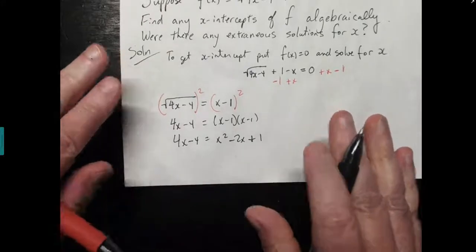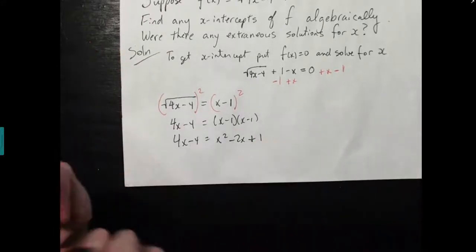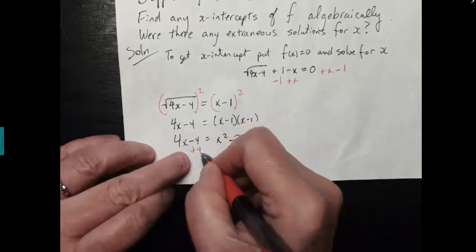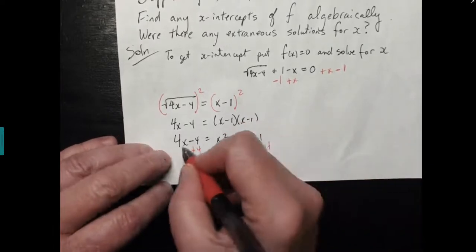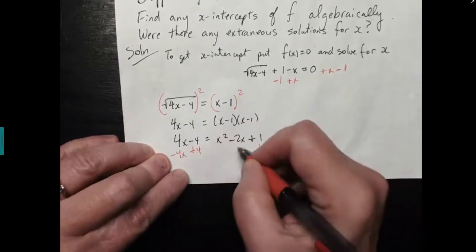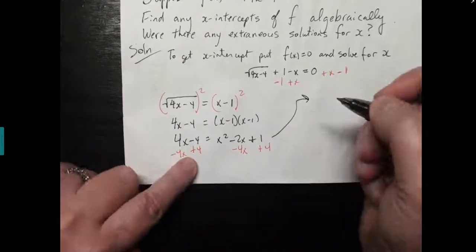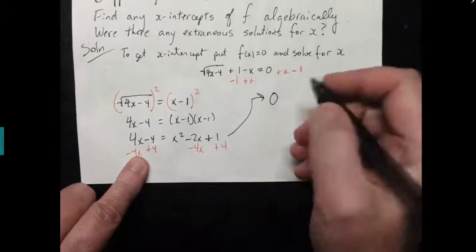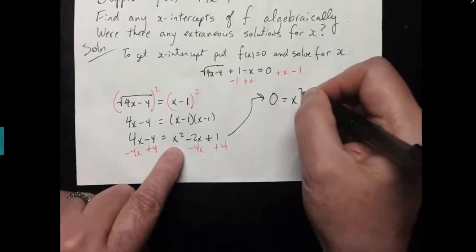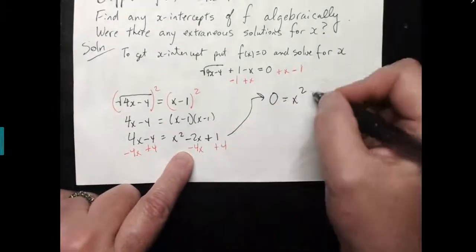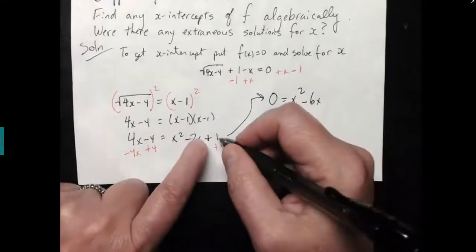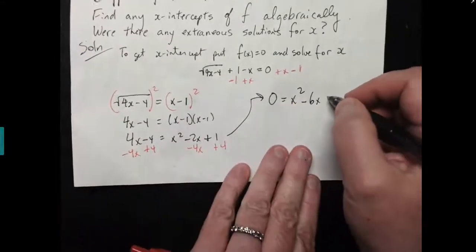Now I need to get everything on one side of the equation. So again, I'm going to add 4 to both sides, and I'm going to subtract 4x from both sides. And so over here I'm going to have 0, and over here I'm going to have x squared, and then minus 2x minus 4x is minus 6x, and 1 plus 4 is 5.